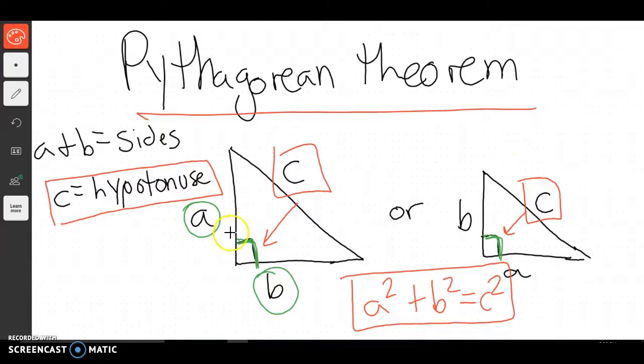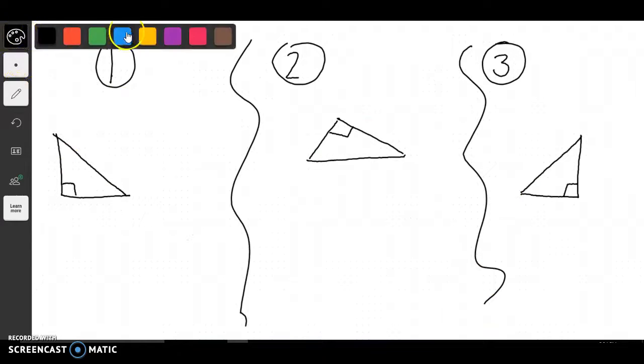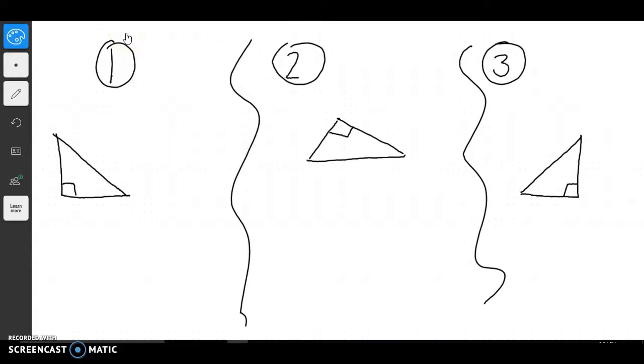That if we square both of these sides and add them together, they are the same length as this third side squared, or the hypotenuse squared. Let's look at a couple right triangles and see if we can identify the hypotenuse and then try to use this formula to help us. Okay, so first let's see if we can identify the hypotenuse of all these triangles that I've drawn.